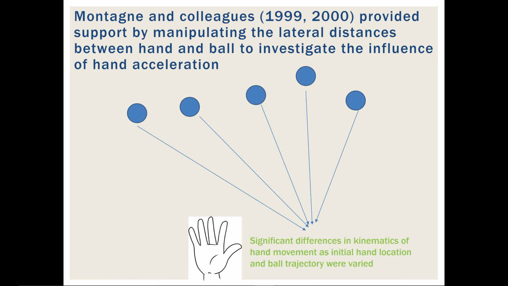But the middle ball will take a different amount of time to reach you than a ball on the side, for example. They saw that participants were able to intercept those balls in different ways because they were using different velocities and accelerations of the hand. Yeah, so in other words, they said that we're not just using tau to intercept that ball, but we're also using information on how our body is moving in space.